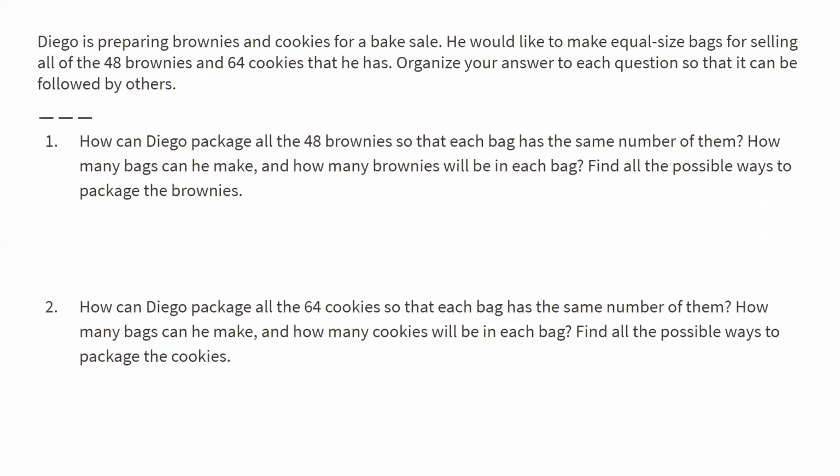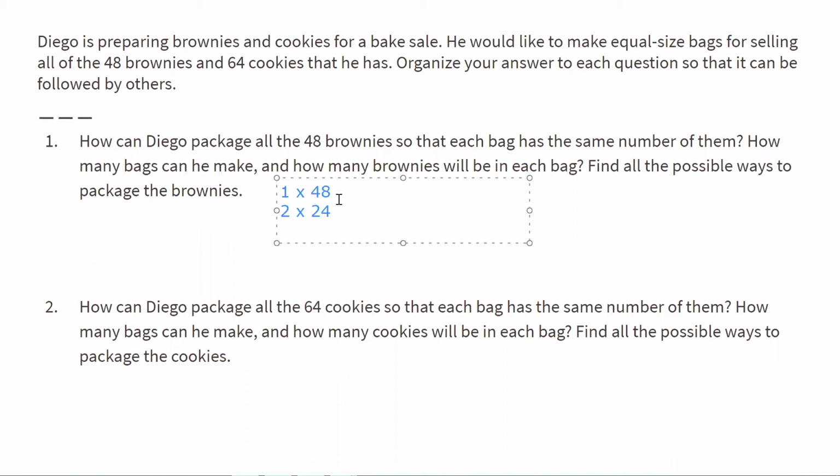Okay, wow, there's a lot of ways that he could do that because there's so many ways to divide 48. So what I'm going to do is list all of my different factors of 48 to get started. So obviously it's 1 times 48. You could also do 2 times 24.